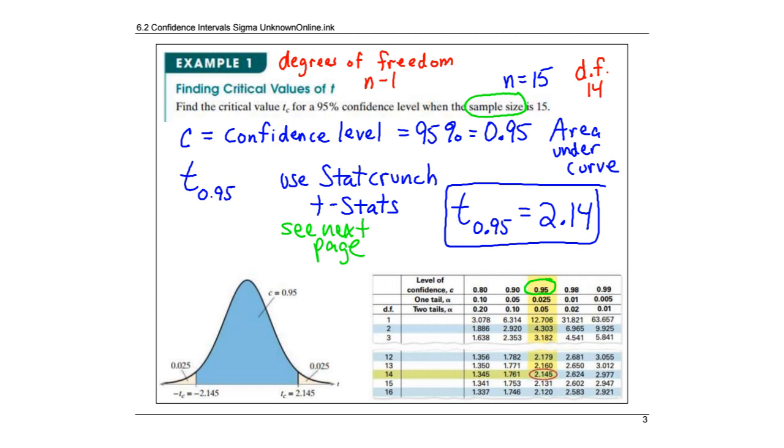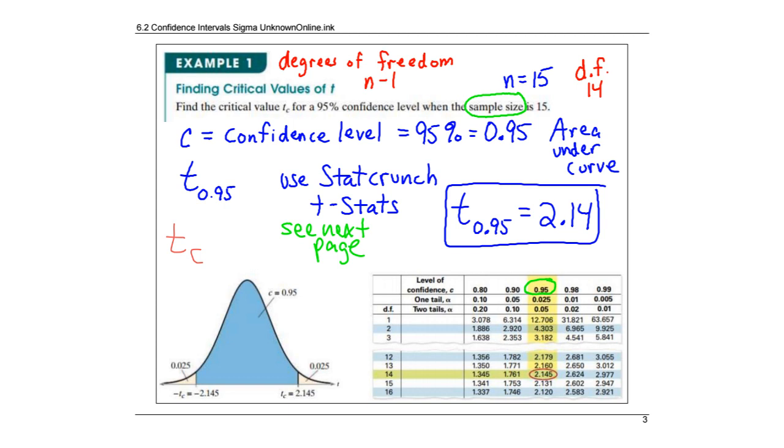Okay, so let's take a look at a problem. This is showing the t-table that's in MyMathLab. We're actually going to use StatCrunch. We're not going to worry about these tables. What happens is they want the critical value, but this time they're calling the critical value t of c. That's because we do not know the population standard deviation.